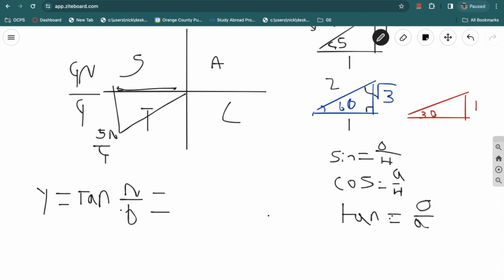It's tangent, followed by parentheses, followed by an angle. So we know we have to find tangent, which is opposite over adjacent, the ratio at that angle. We know pi over 6 is the same as 30 degrees, because 30 fits 6 times in 180 degrees, which is pi.